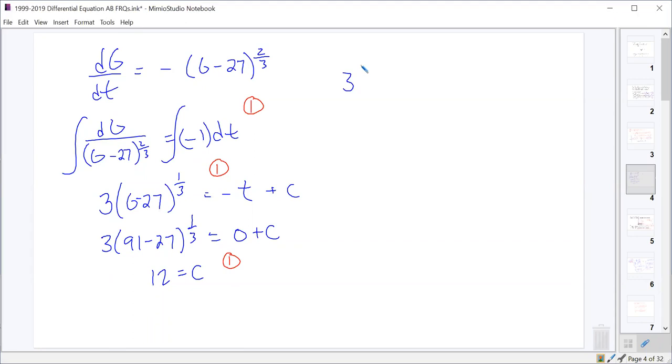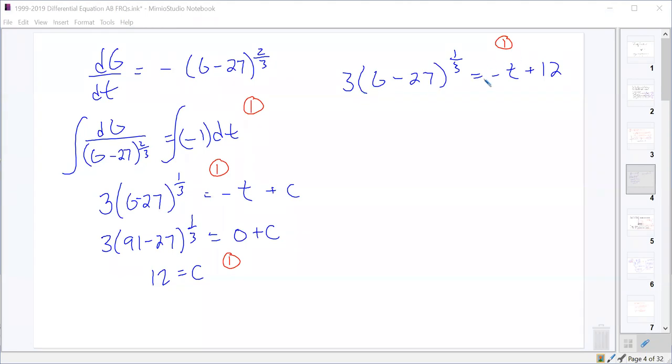And then we've got 3 times g minus 27 to the 1/3 equals negative t plus 12. And so if you got this, some equation, whether you solved it for g or not, they gave you a 4th point for this. And then you needed to solve it all the way down and find the value at 3 to get the 5th point.